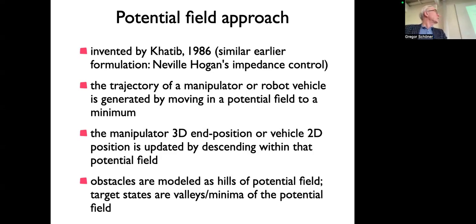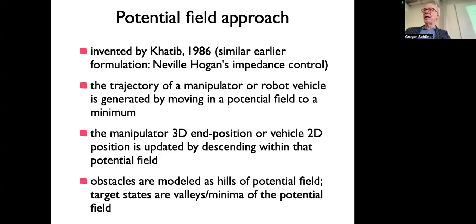And so this approach was developed in the 80s. Khatib, actually working then in Toulouse, is now a famous professor at Stanford, just beautiful work. He was the inventor. Someone called Neville Hogan, who is now at MIT, I think he was always at MIT, developed something that's related called impedance control, or the impedance approach.